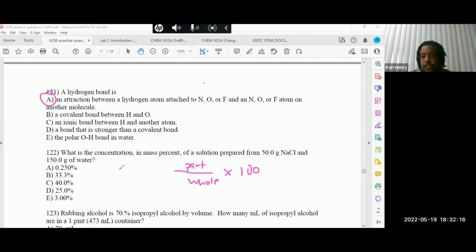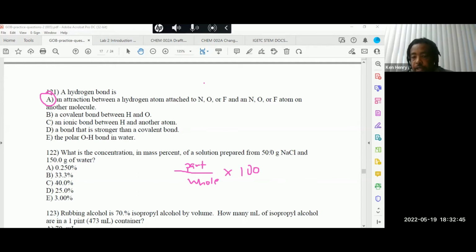Anytime we're talking about mass percent or percent volume, it's always the part over the whole. The part is our solute, what's going to be dissolved in our solution.